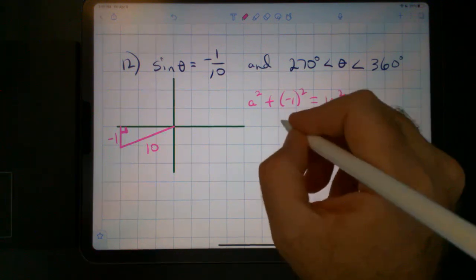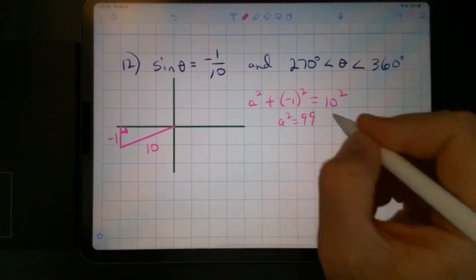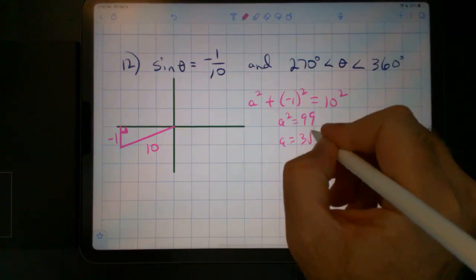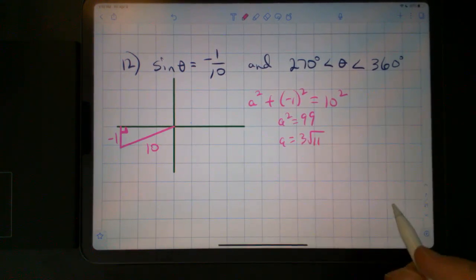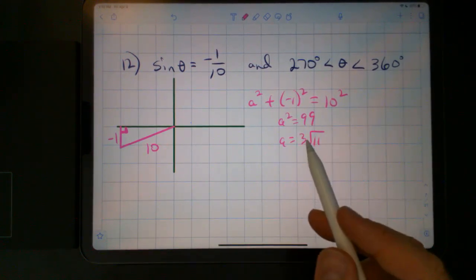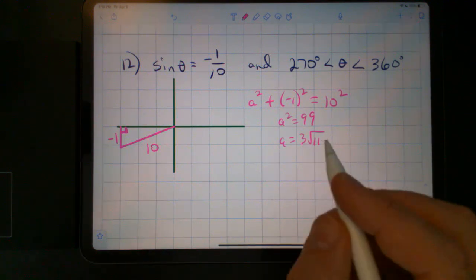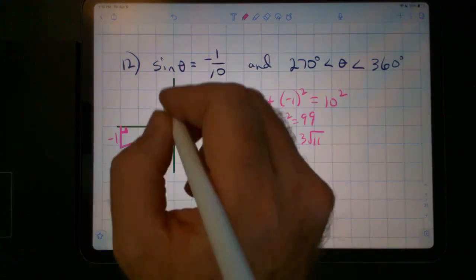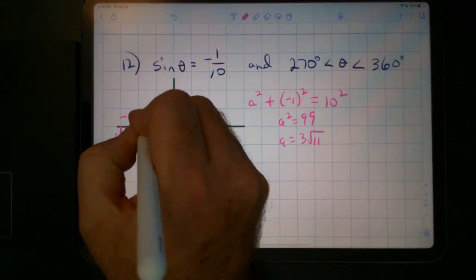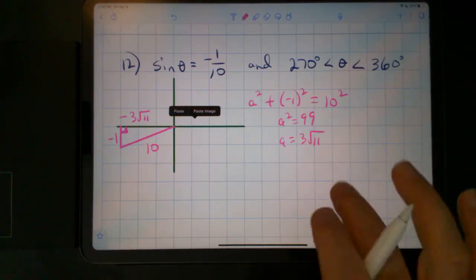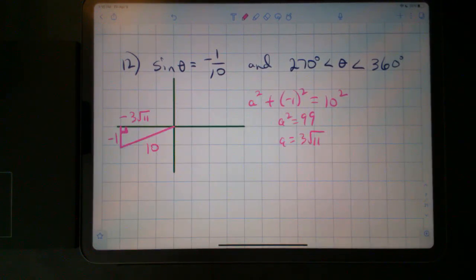So this is a squared equals 99, or a is equal to 3 radical 11. You square root both sides and you factor the 9 out. And this will be negative 3 radical 11 because we are in quadrant 3.